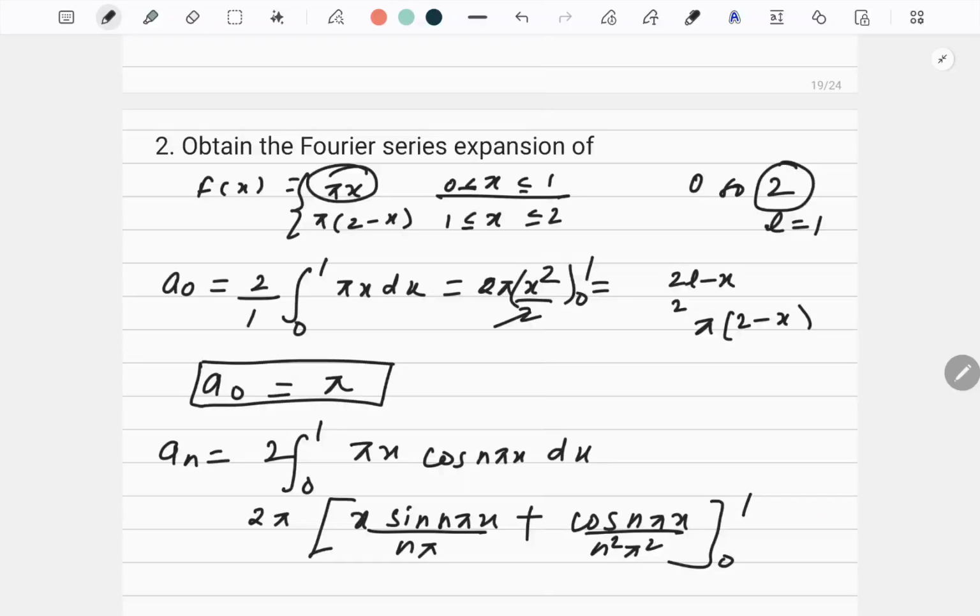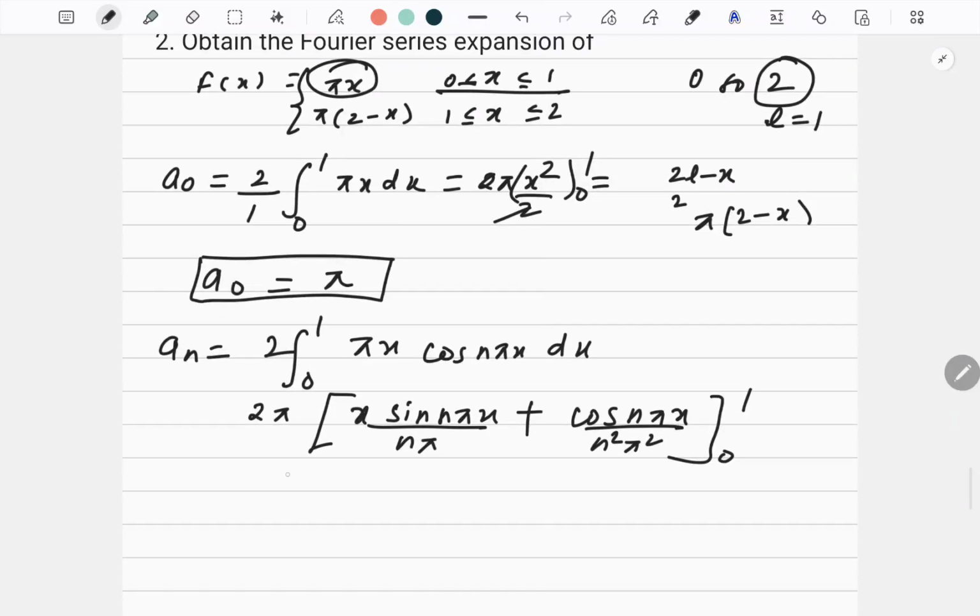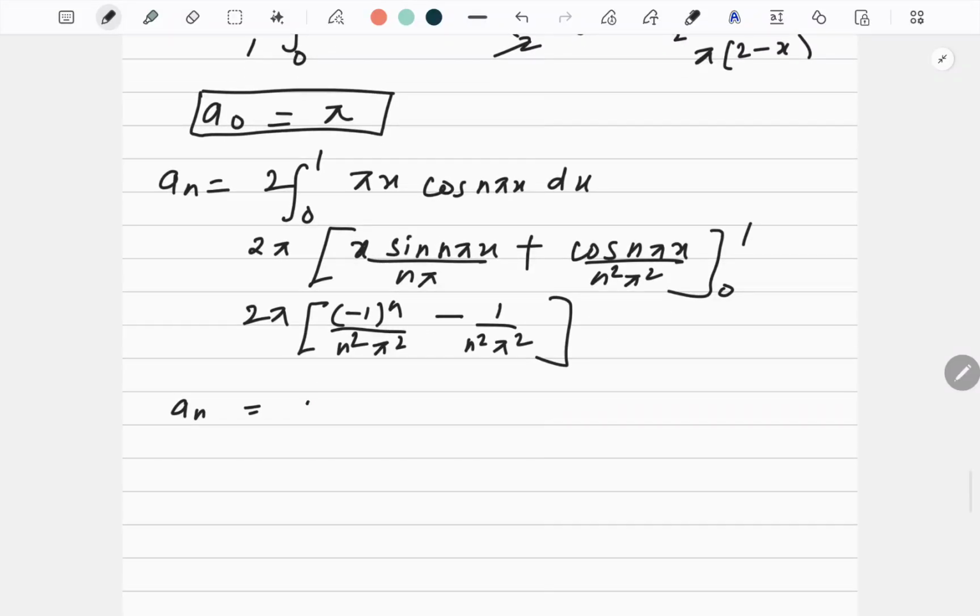So 0 to 1, as I said, it is of no use to put in the sine function, so only the second term I will put. Cos n pi is minus 1 to the power n upon n square pi square, minus cos 0 is 1, so 1 upon n square pi square. So my an value is equal to 2 by n square pi times (minus 1 to the power n minus 1).